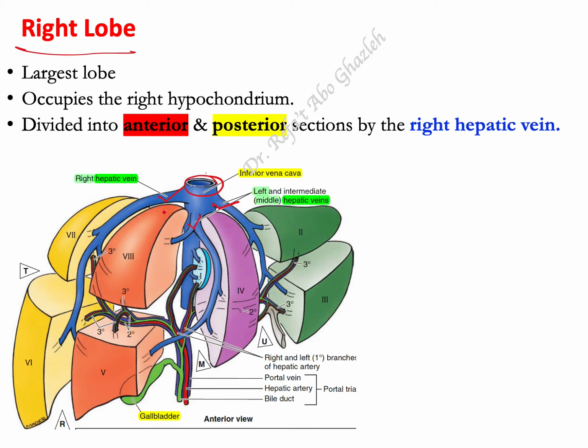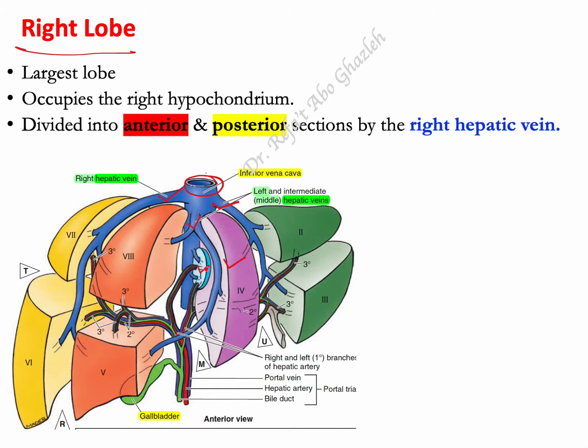But let us shift back to the right lobe, and you can see, okay, this is anatomically or physiologically. Now I will talk about the right lobe functionally. That means without the caudate and the quadrate lobes.